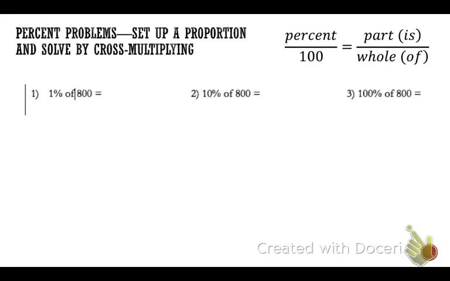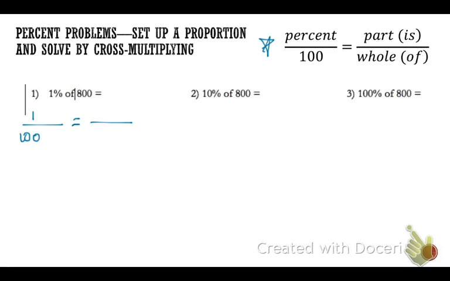Now we're going to solve them by setting up a proportion and then using that method of cross multiplying. So number one, we're going to find 1% of 800. Sometimes percent problems can also just be solved with common sense mental math. But let's just go ahead and set this up. So if you think about our percent proportion equation, we'll take our percent, which is 1, and that is always compared to 100.